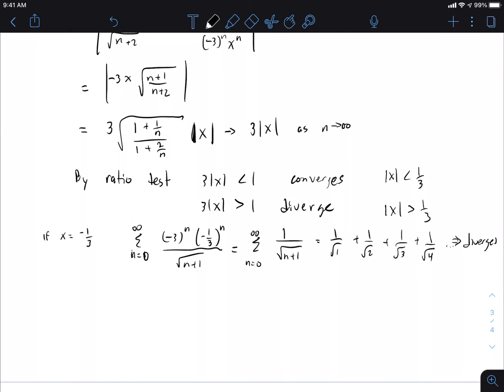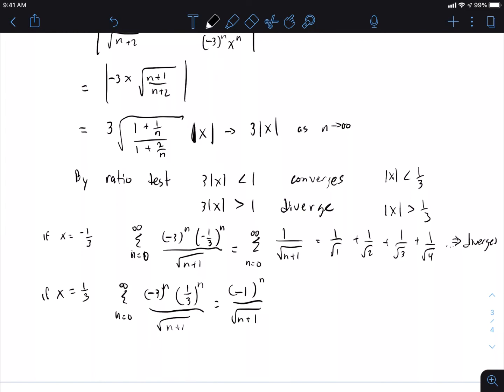Now let's do it for if x is 1/3. And what's going to happen here is we're going to again have that same value. And what that's going to give me is summation n equals 0 of negative 3 to the n of 1/3 to the n over root of n plus 1. And what's going to happen here is this is going to be equivalent to this.